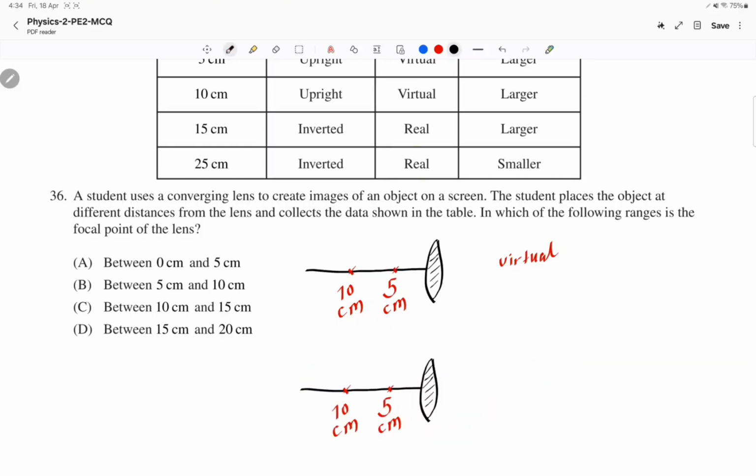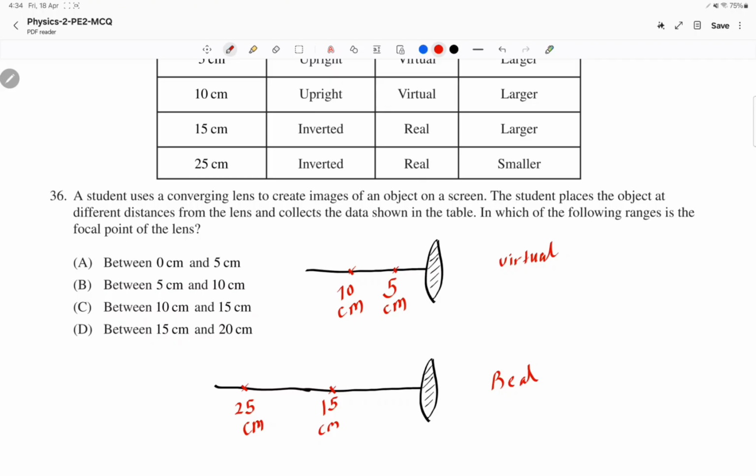So now if I move a bit further, where it's 15 centimeters and 25, the image is real. So there's going to be a switch in the image identity from 10 to 15.